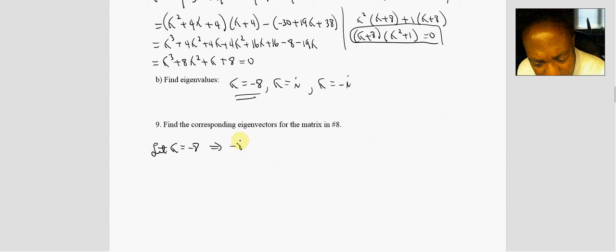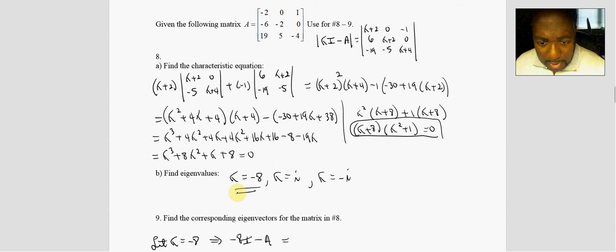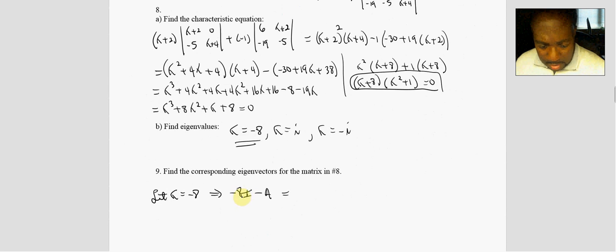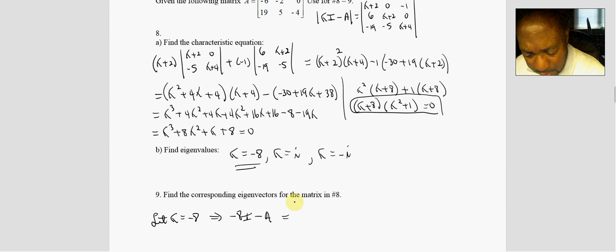This implies that we have negative 8 times the identity minus A. So we just plug in the negative 8 up here. It's a matrix now. So it's negative 8 plus 2, negative 6, 6 there, negative 19, 0. Negative 8 plus 2 is negative 6, negative 5, so 1, negative 1, 0.